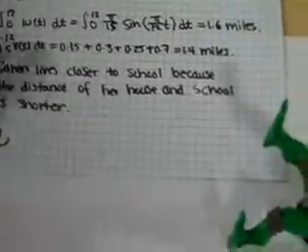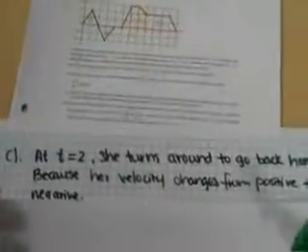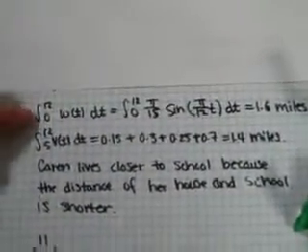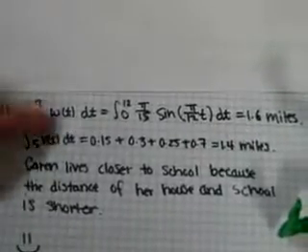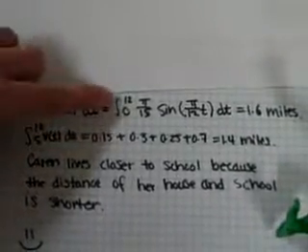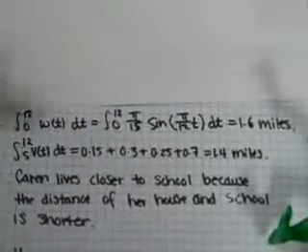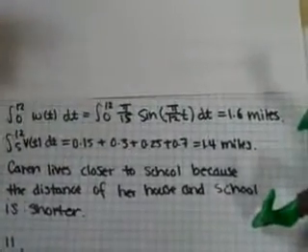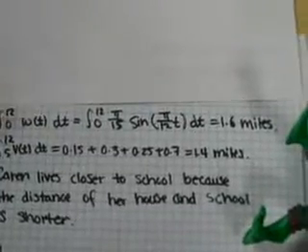So we have that, it's right here. No, that's part D. We skip part C, never mind, we're going to do it again. So we have the integral from 0 to 12 of W(t) dt equals the integral from 0 to 12 of pi over 15 times sine of pi over 12 times t dt, which is equal to 1.6 miles.